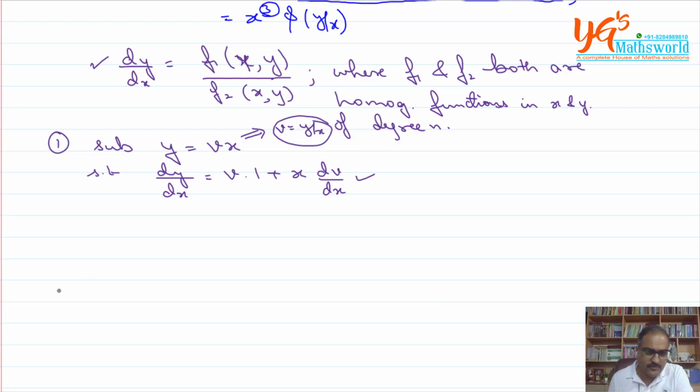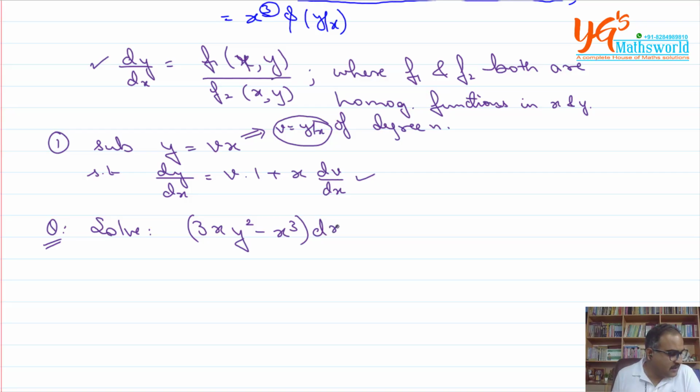Let us take a question, for example. The question is, solve 3xy square minus y cube into dx minus 2 times x square y minus xy square dy is equal to 0.